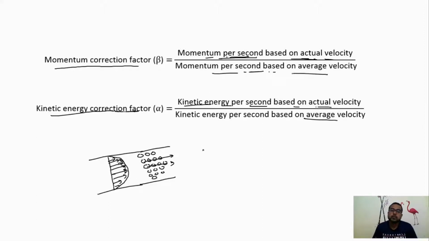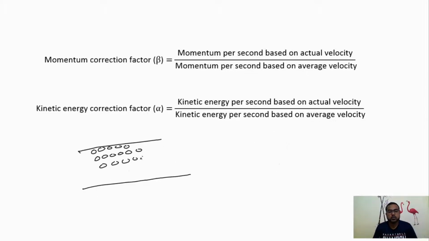So for that, suppose we need to calculate kinetic energy, then we can say half m v square. What is v here? If we take v as the average velocity, then this value cannot be a true picture of kinetic energy, because each particle in a different layer has a different velocity. This layer has some velocity u1, that layer has some different velocity u2.